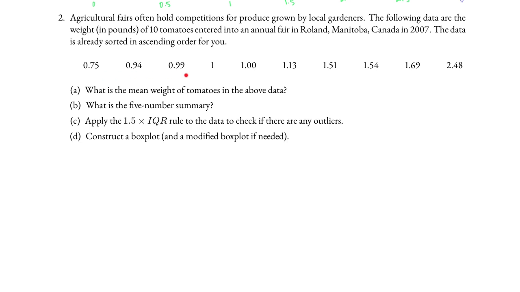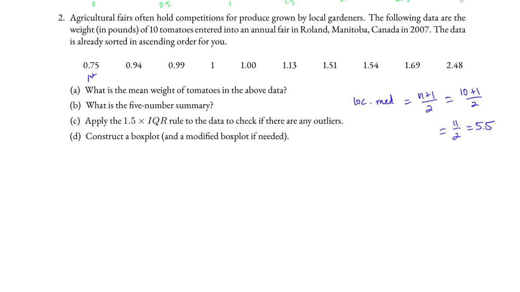To find the median of this dataset, we sort the numbers in increasing order, but we notice that it is already done for us. The location of the median is still n plus 1 over 2, but n is 10 in this case, so it is 11 over 2, which is 5.5.